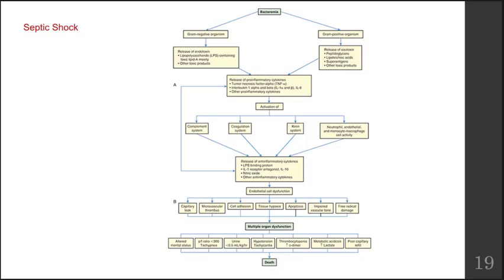This slide, not to be scared of it, because there are only a few main points that you need to be aware of, and this is really just another way of showing you what we discussed on the previous slide. When we have bacteria that ends up getting into the blood, that's the pathogen that causes the sepsis. It can either be a gram-negative organism or gram-positive.